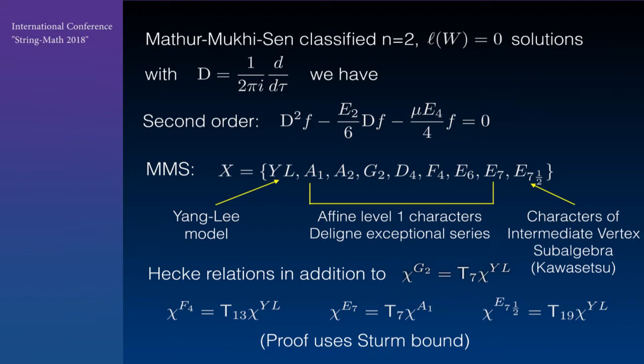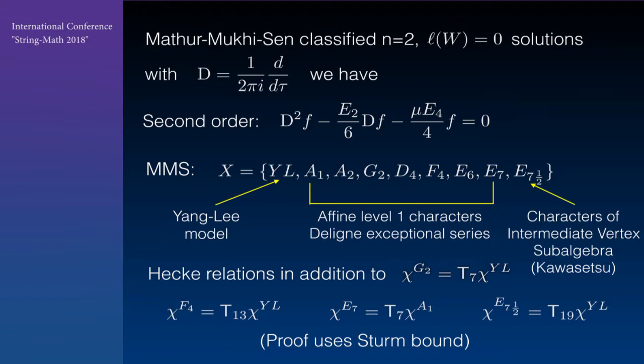So given this list, you can then ask yourself, are there relationships between the characters of this theory given by these Hecke operators? And the answer is yes. There's the relationship that I mentioned between affine G2 and the Yang-Lee model. But affine F4 characters are the Hecke images under T13 of the Yang-Lee model. Those of affine E7 are images of affine A1.